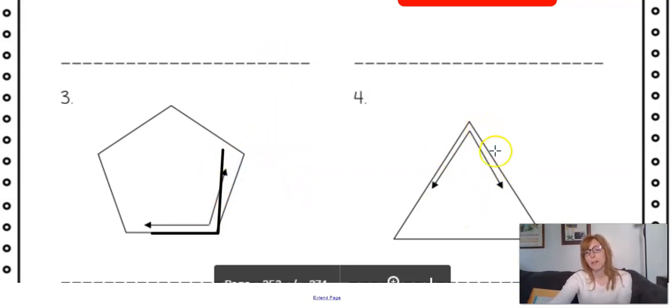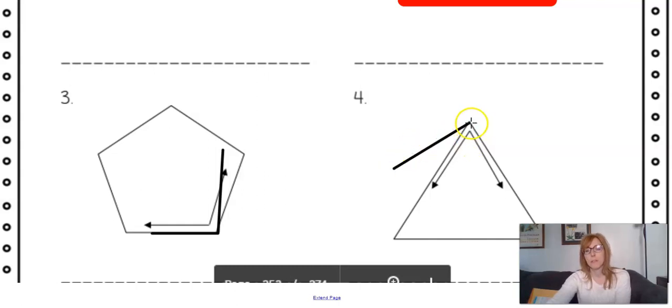And then over here, you definitely want to kind of turn your head, or you could put your piece of paper in there, and you can see that all these angles are the same. And if you take this, let's just say right here, we want to make it a 90-degree angle.